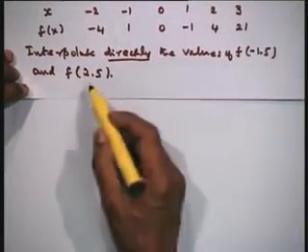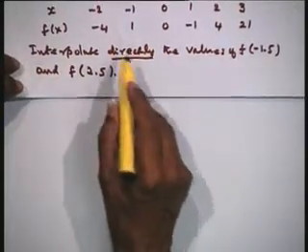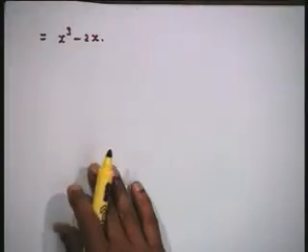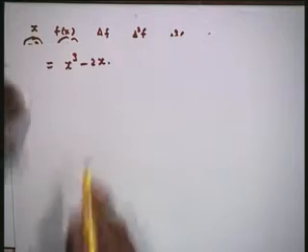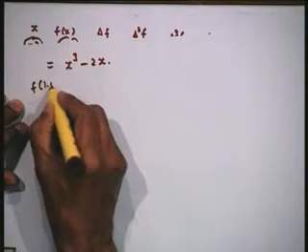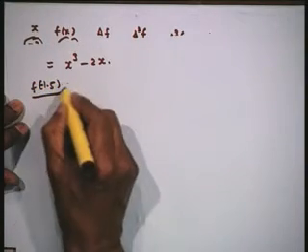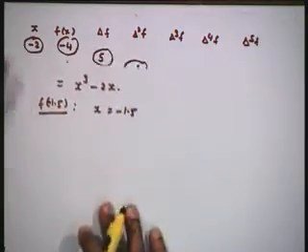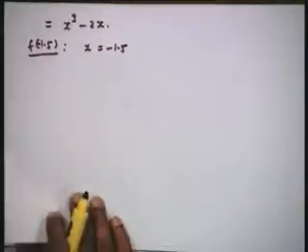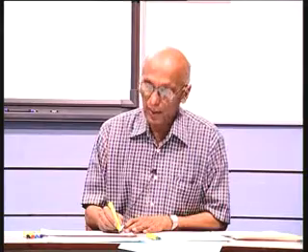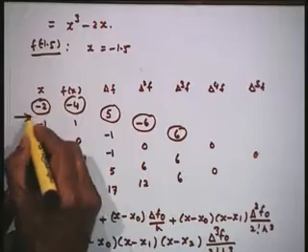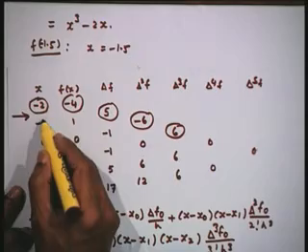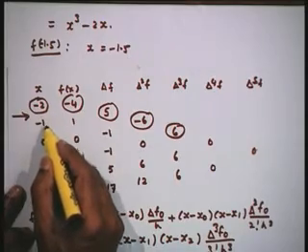Of course, since you have simplified it, when I have been asked to interpolate the values, I could have substituted there and got it, but I want to illustrate how you can get it directly. Now, I want to find f at minus 1.5, so x is equal to minus 1.5. Now, minus 1.5 lies between minus 2 and minus 1.